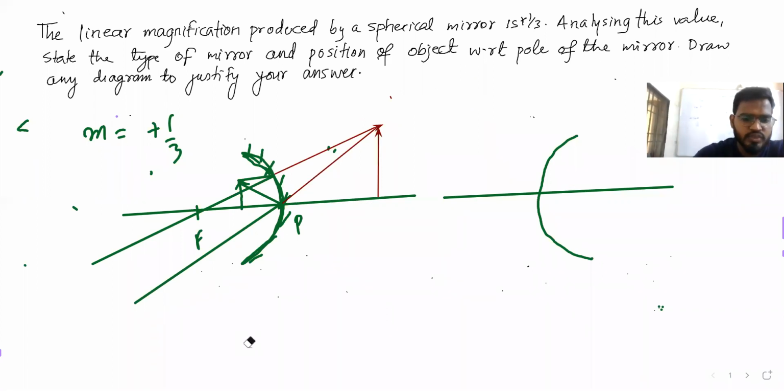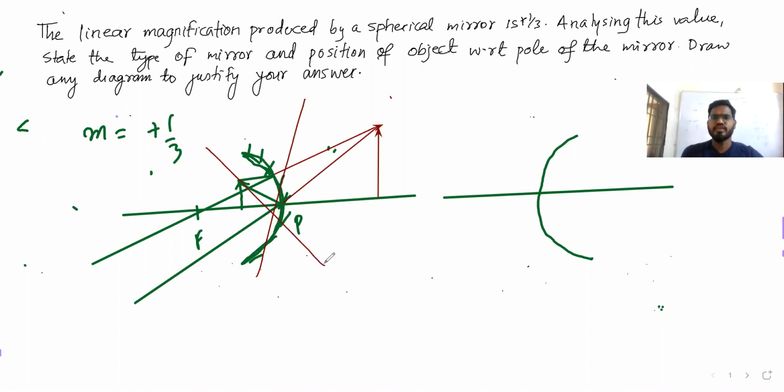Now the problem here is one more thing: magnification is plus 1 by 3, which means it is less than 1, so it cannot be magnified. It should be diminished. So this is not possible. Hope you got it. There are two or three points. First is plus 1 by 3, so the object should be placed between pole and focus, because the image should be virtual and erect.